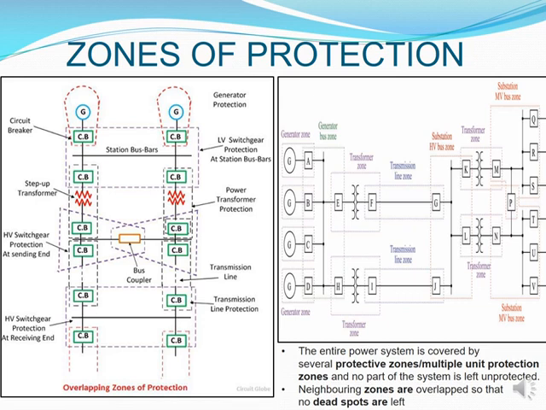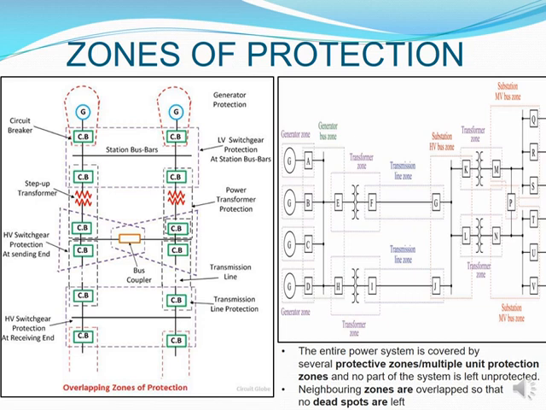Then you look at the second part, going down from the generator, where it's a station bus bar. In the station bus bar, you can see that you've got circuit breakers on both sides of that bus bar. The one set of circuit breakers are the ones that were looking after the generator.